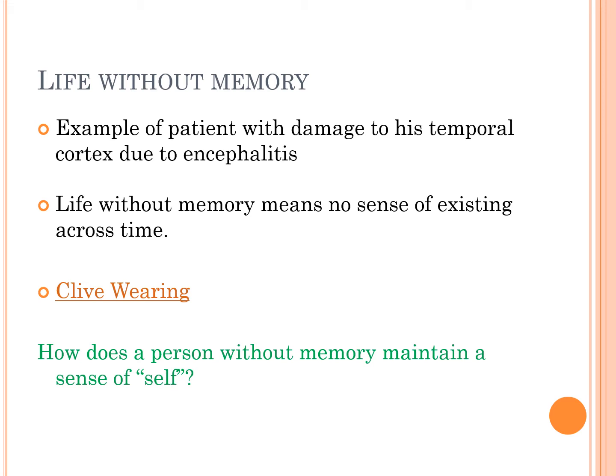The beginning of learning and memory loss starts with an example of a patient with damage to his temporal cortex because of encephalitis. So he has pretty extreme damage and does not seem to have any awareness of any previous time in his life.